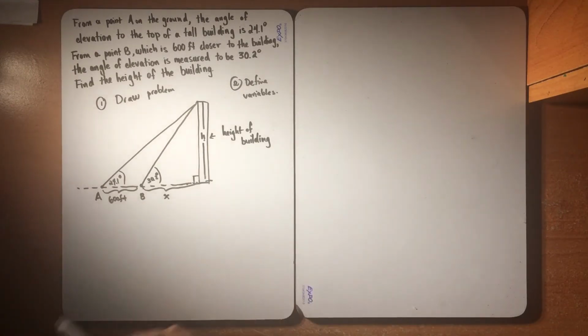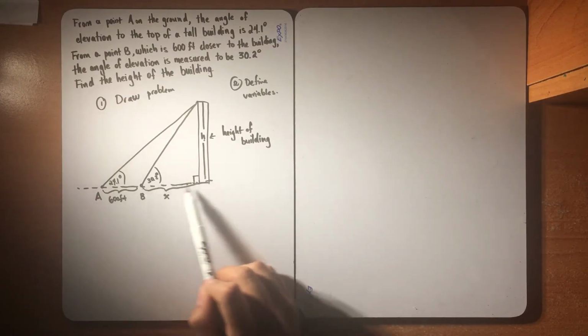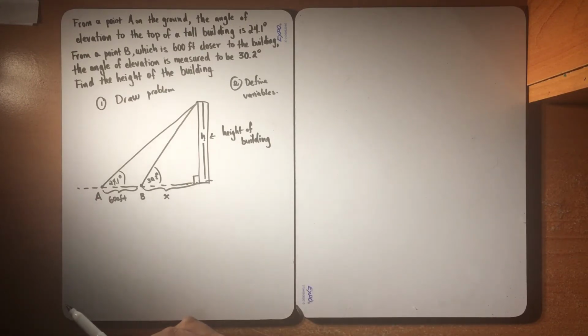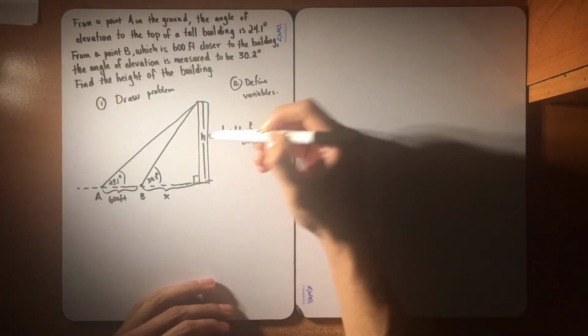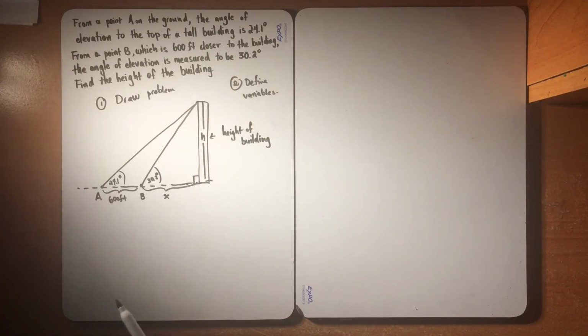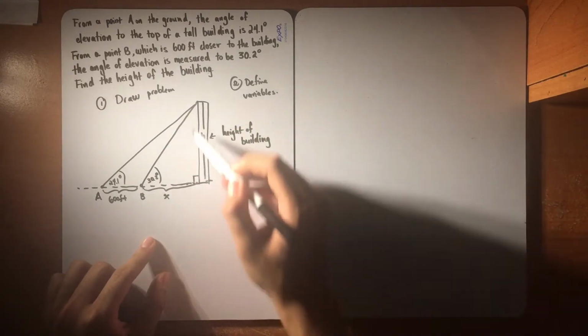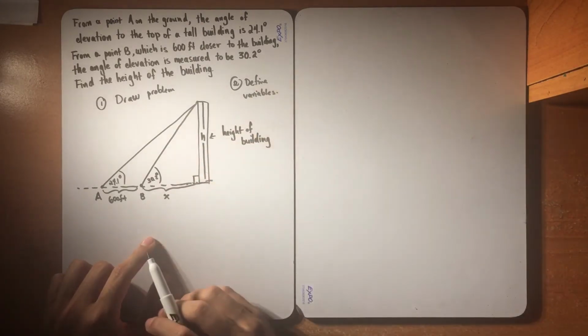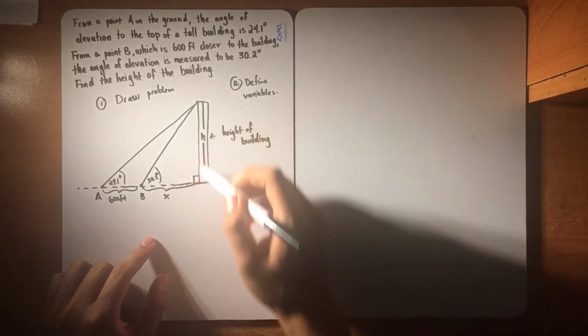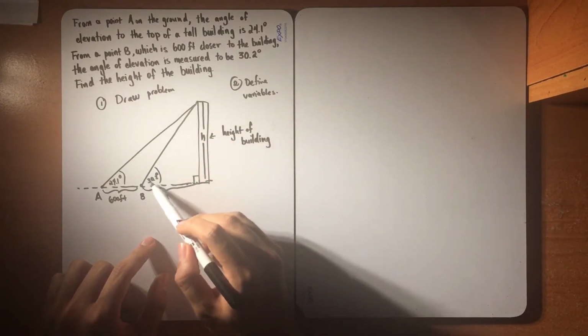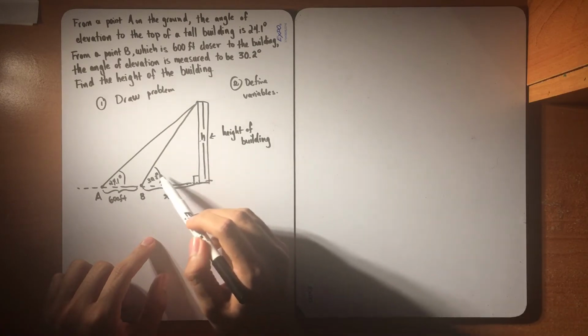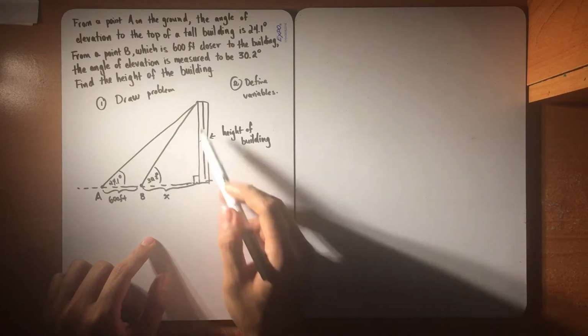Now this is like the little step that we have to make. We have to call this a new variable and we call it X. And the reason why that's helpful is now I can apply these trig functions. Looking at this smaller triangle, look what we can do. How can we now relate the variables together? So we can relate them by seeing what the angle is and how the angle is related to these sides.